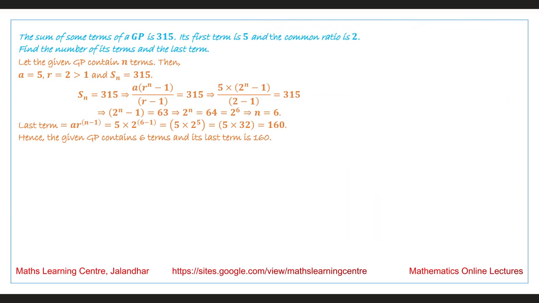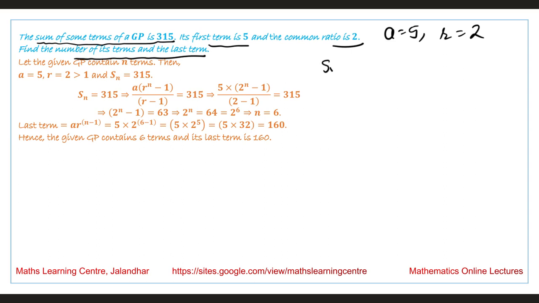Now in this next question, it is being given that the sum of some terms of a GP is 315 and its first term is 5. A is given to be 5 and the common ratio is given to be 2. Then find the number of its terms and the last term.